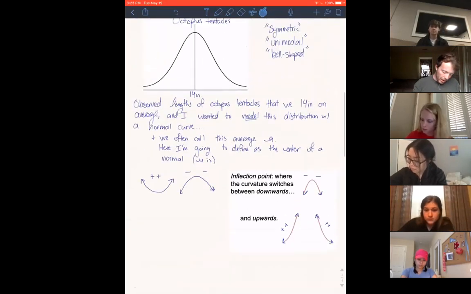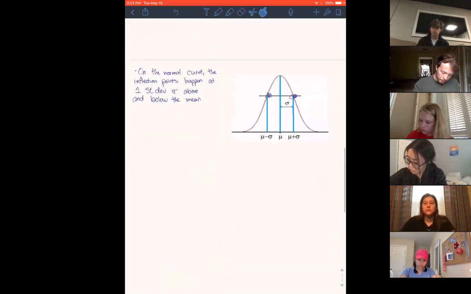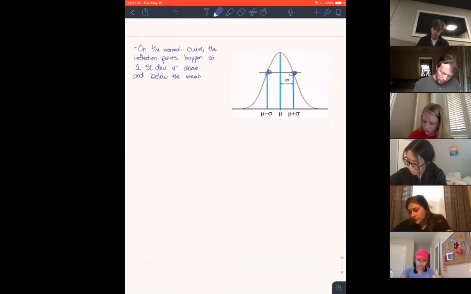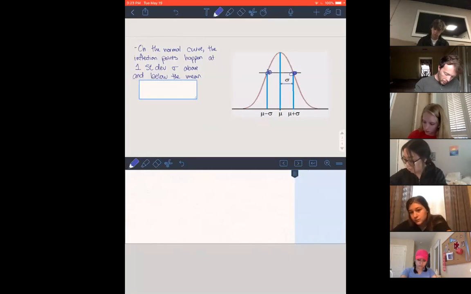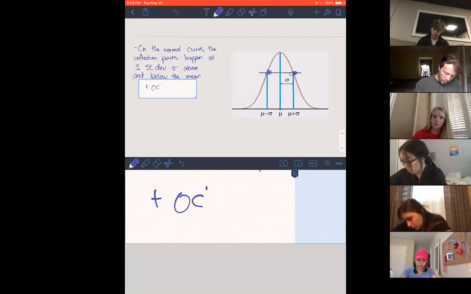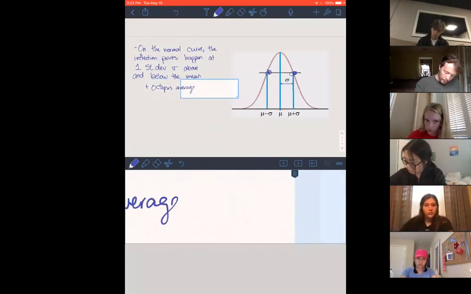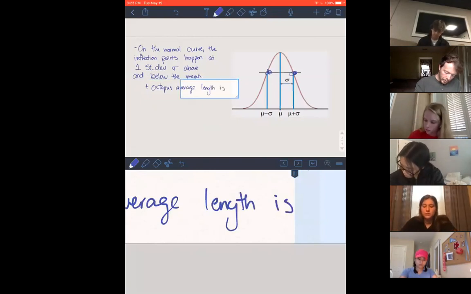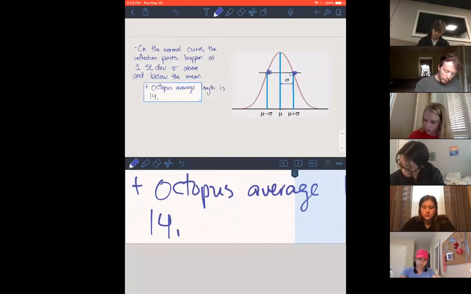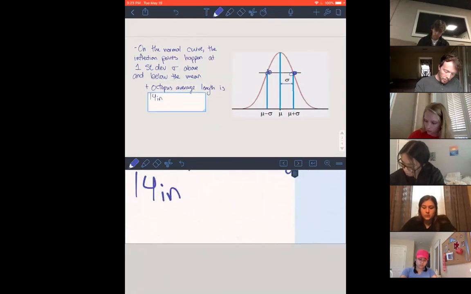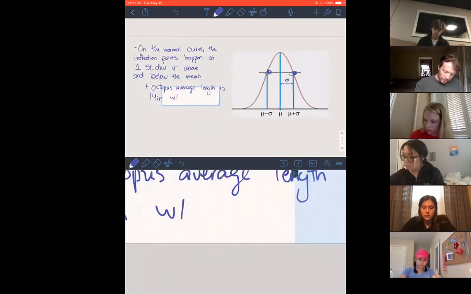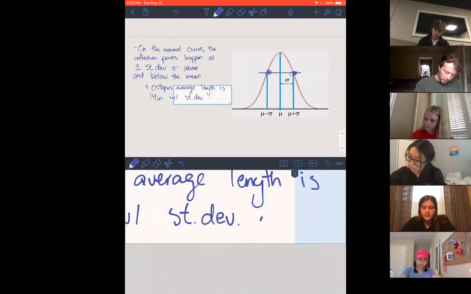I said that their average was 14 inches. What if you knew further that they have a standard deviation of 2 inches?